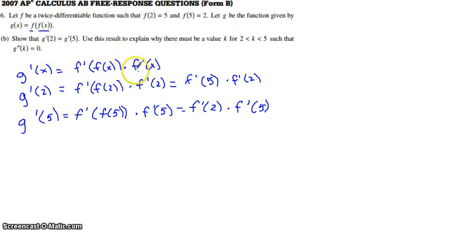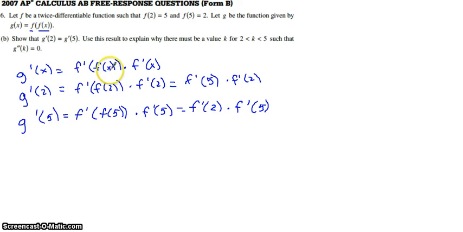Well, let's see. F prime is continuous. F prime of f of x, which is also continuous, is continuous. And the product of two continuous pieces would also be continuous. So I'm not going to write this out, but based on what we just said there, yes, g prime is continuous based on how it's defined.